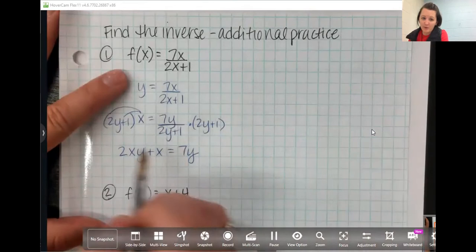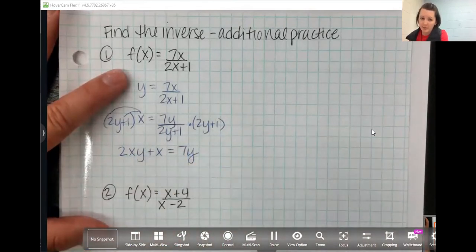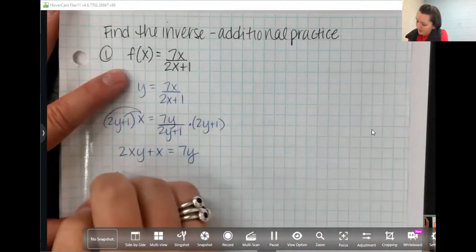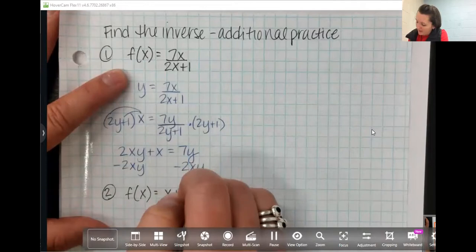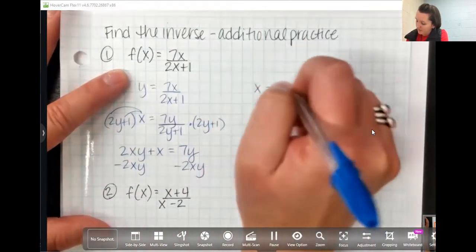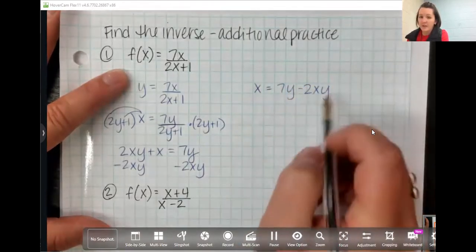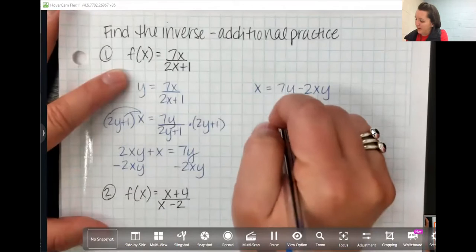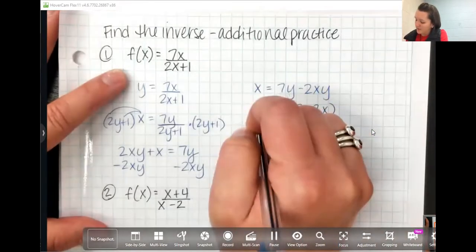Now my next thing is I want to get my y's together because ultimately I want 1y. I don't need 2 y's, I need 1 y. So I'm going to subtract this 2xy over here. So I have x equals 7y minus 2xy. I notice they both have a y, so I'm going to factor out that y. 7 minus 2x equals x.